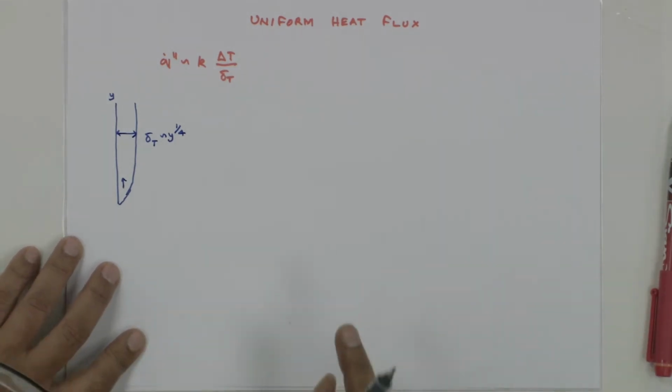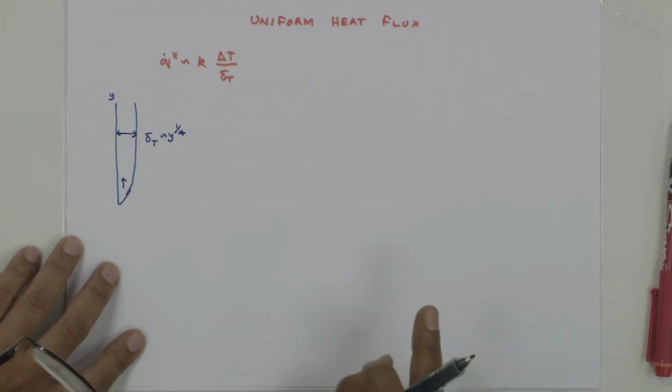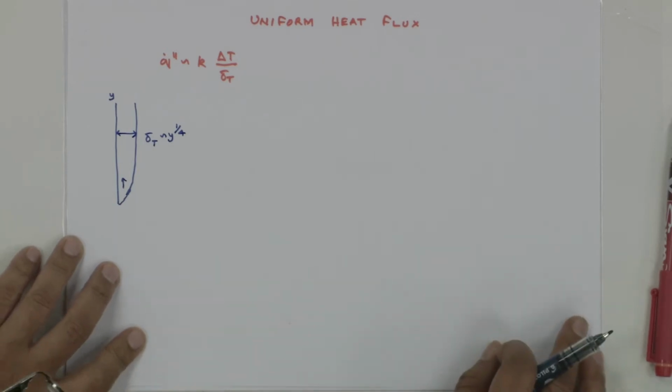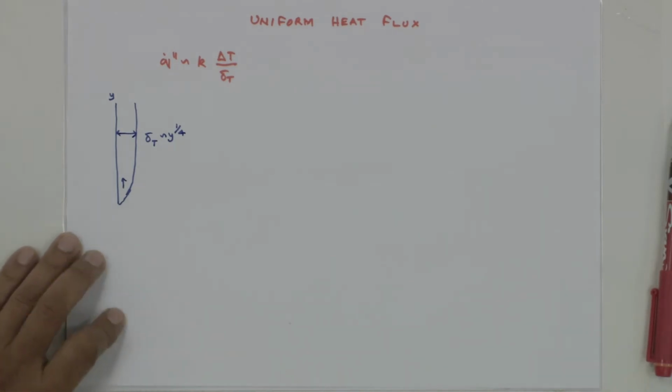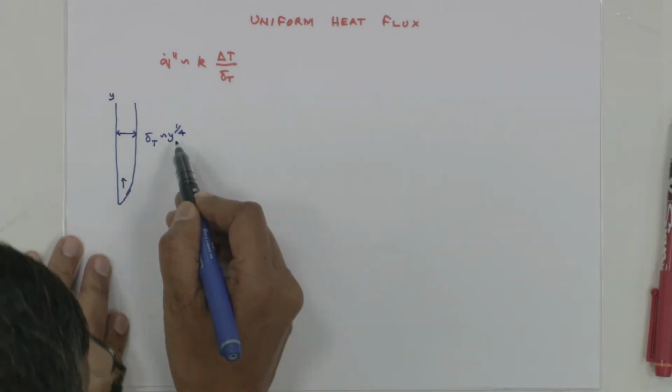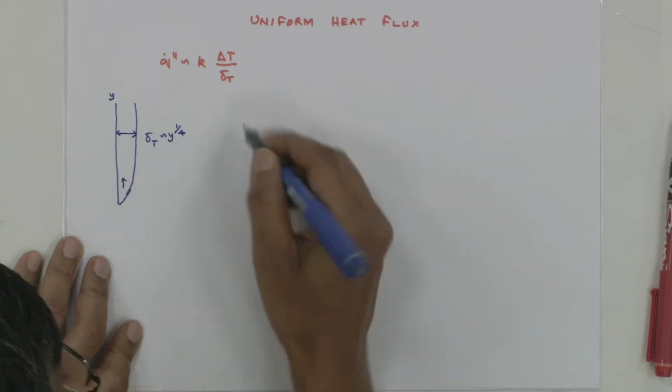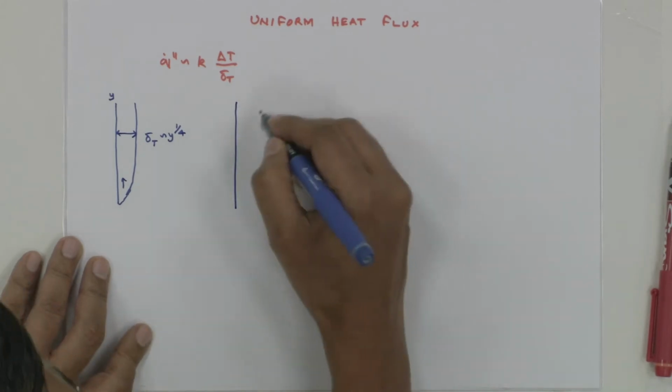That means it is H to the power of 1 by 4. You see H cube is there, minus 3 by 4 plus 1, you get 1 by 4. So delta T is of the order of Y to the power of 1 by 4. Now what would be the heat flux?